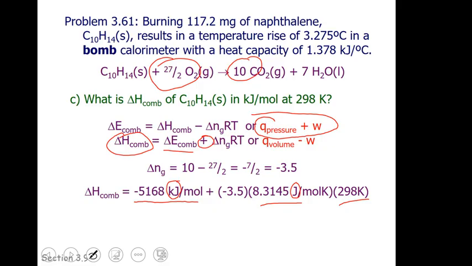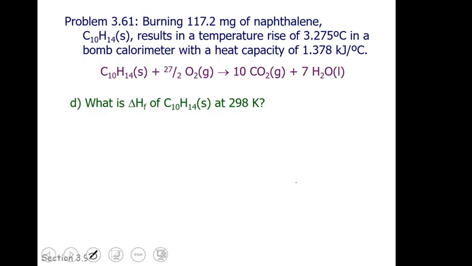So I need to make sure I convert that to kilojoules when I do my addition, and I wind up with an enthalpy of combustion of minus 5,177 kilojoules per mole.